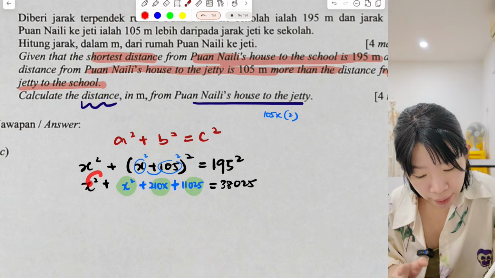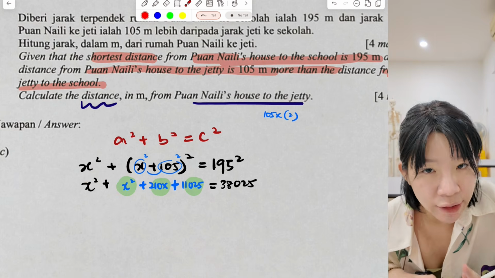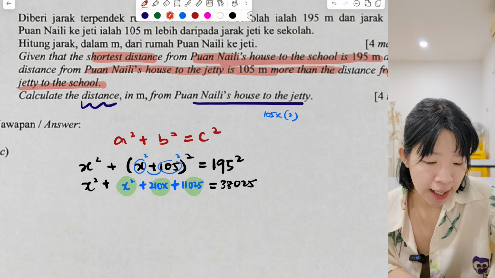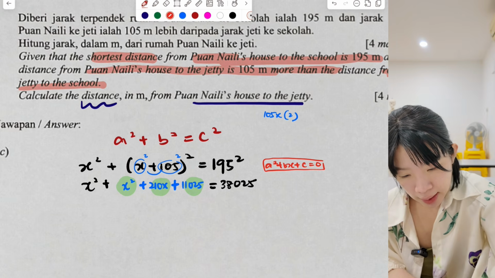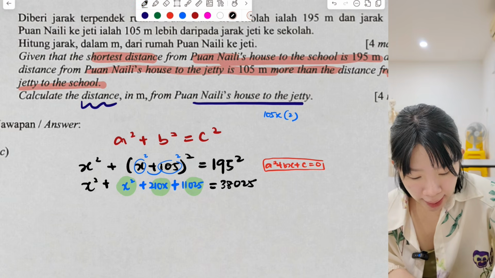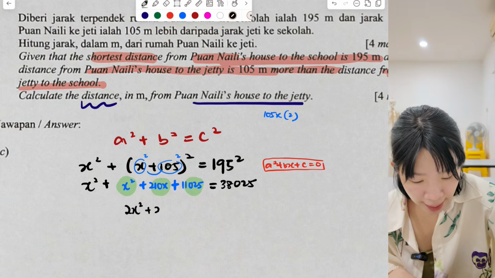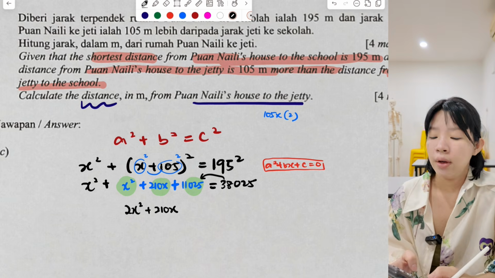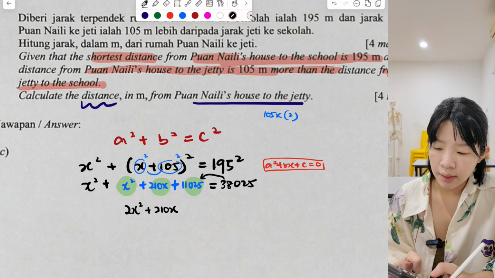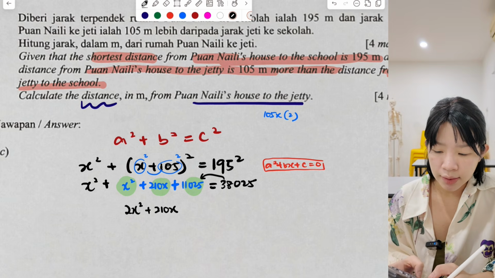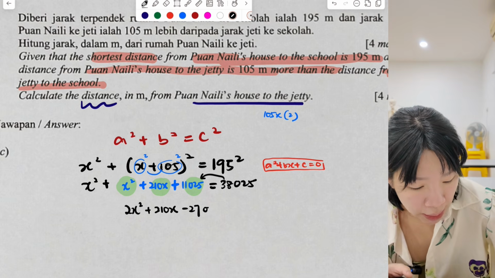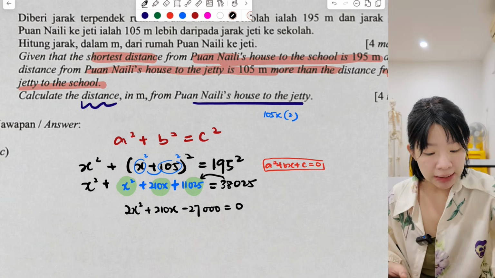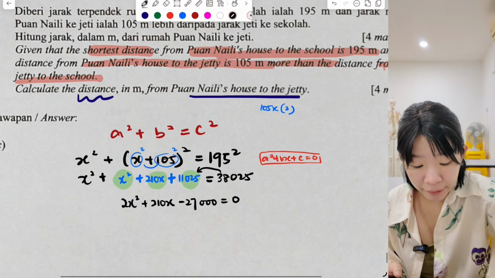Okay, so we arrange it into general form. You know that this is a quadratic, got square. Arrange in general form, bentuk am, which is ax squared plus bx plus c equals 0. So here x squared plus x squared, 2x squared plus 210x. Bring this over: 11,025 minus 38,025, which is negative 27,000 equals 0. Don't key in the calculator yet, because this one can still simplify.